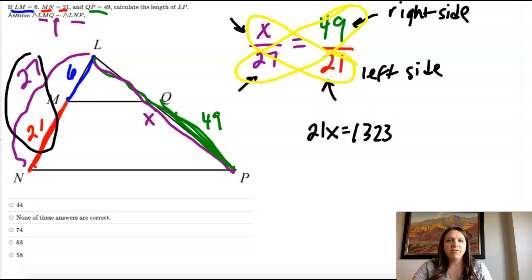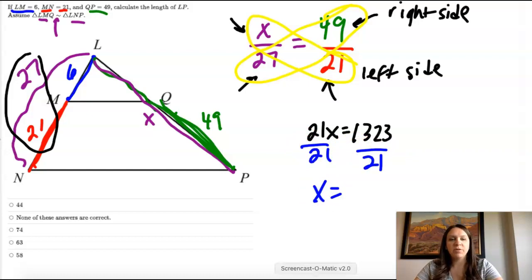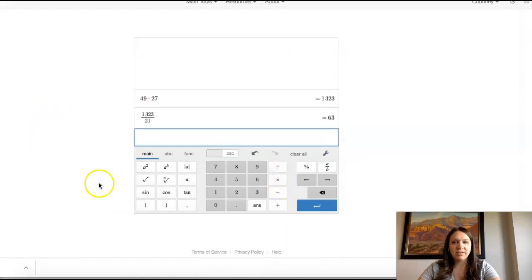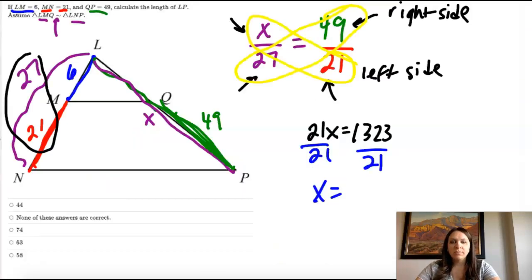And now I'm going to solve for x, so I'm going to divide both sides by 21. So 1323 divided by 21 is 63. So x is 63, and that's what we were trying to solve. So right there, that'd be our answer.